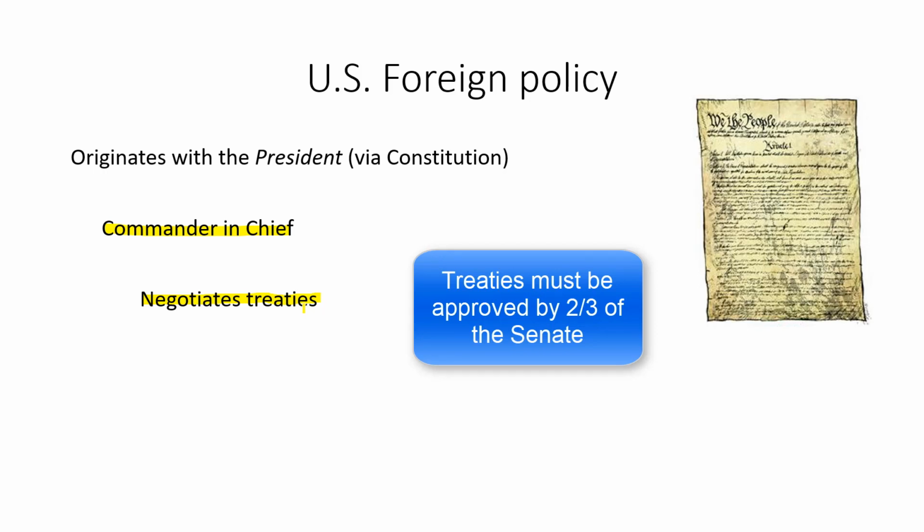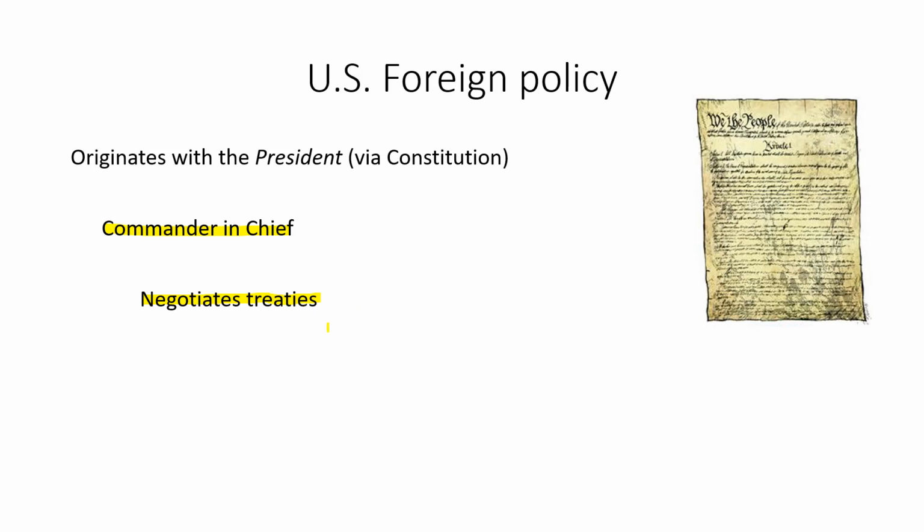And because the Senate is very polarized and it's extremely difficult to get any treaties approved, we've shifted from this concept of international treaties more into what we call executive agreements, and this has given the president even more power.